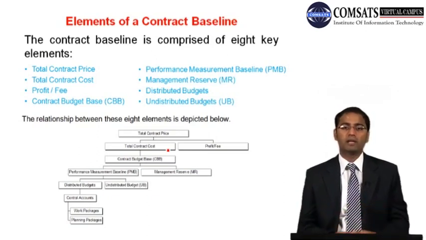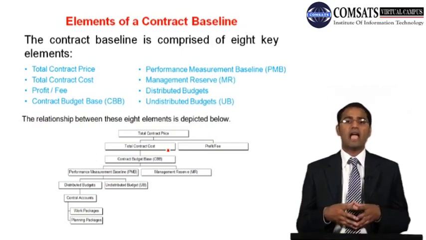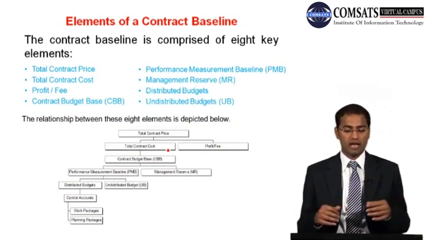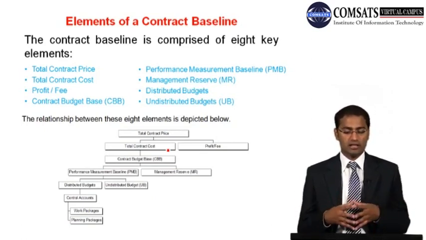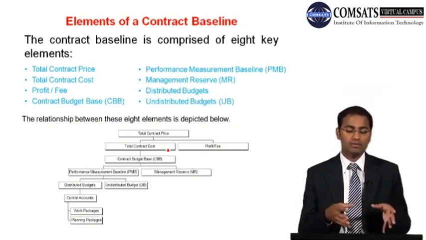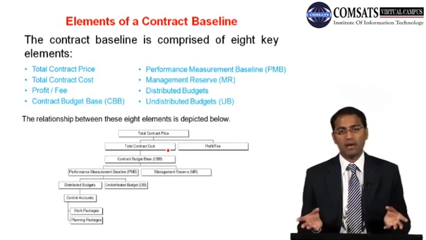And then performance measurement baseline is further divided into distributed budgets and undistributed budgets. What is the difference between those? We will discuss in relevant slides of this lecture. Then distributed budgets are divided into control accounts, and control accounts are divided into work packages and planning packages.